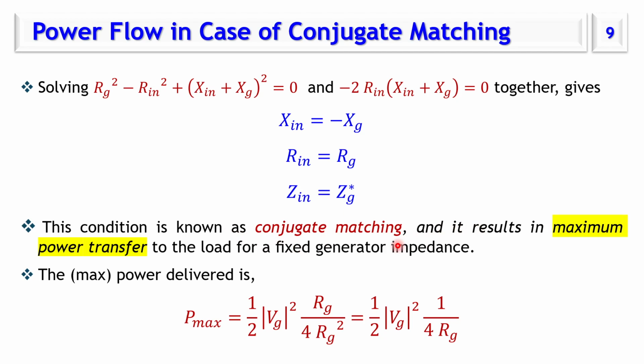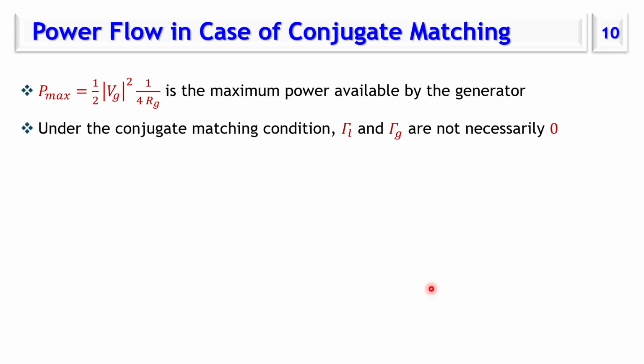Under this condition, there is maximum power transfer going out of the generator. When the maximum power is achieved, the power taken out of the generator has this expression. This value is the maximum power available from the generator under the conjugate matching condition.